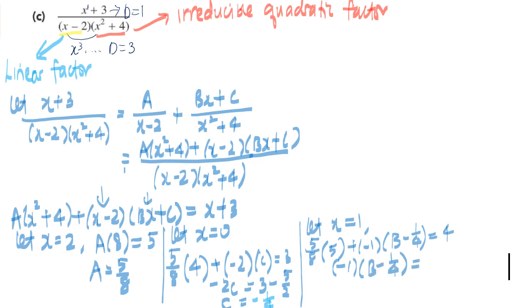All right, I have 4 minus 25 over 8. 32 minus 25 is 7, right? I'll end up getting, sorry, I don't have a calculator with me, I think you'll end up getting 7 over 8.